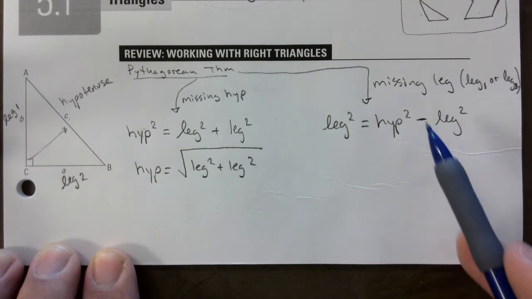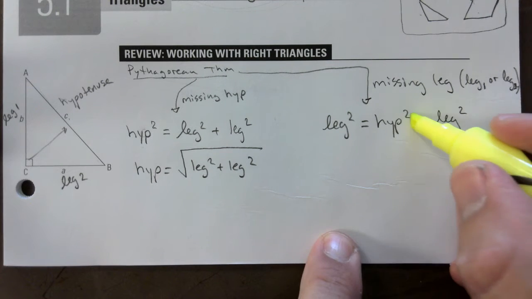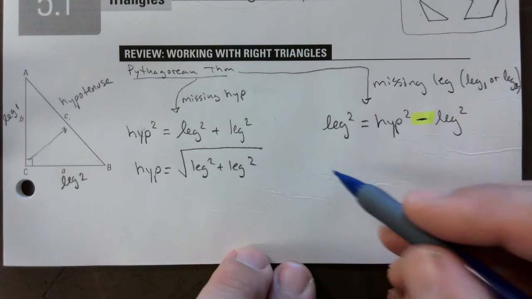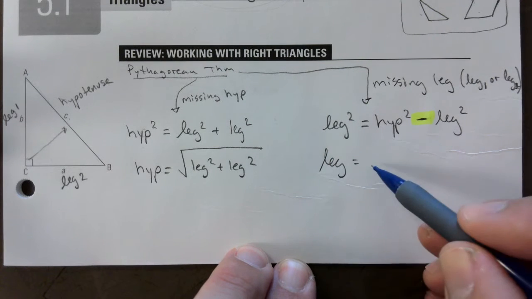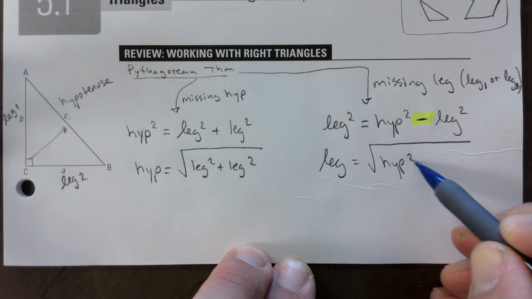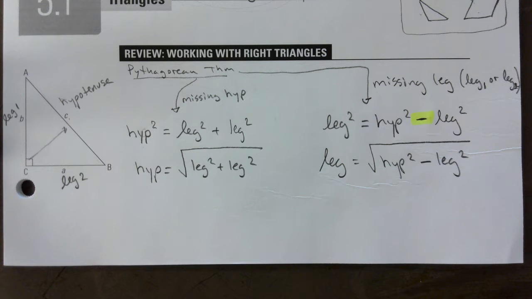So that's how it's different. I need to subtract. So therefore, to get one of the legs, you would take the square root of hypotenuse squared minus leg squared. And that's basically the two versions that you need to know.